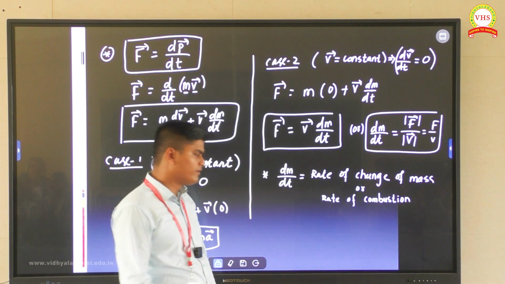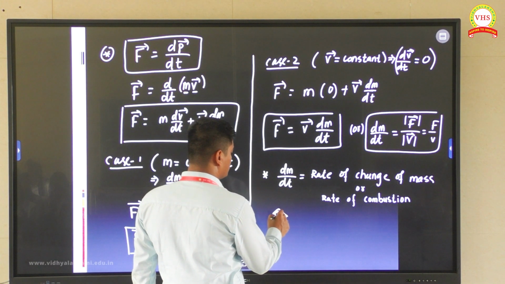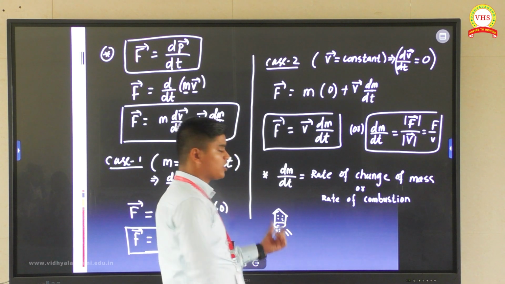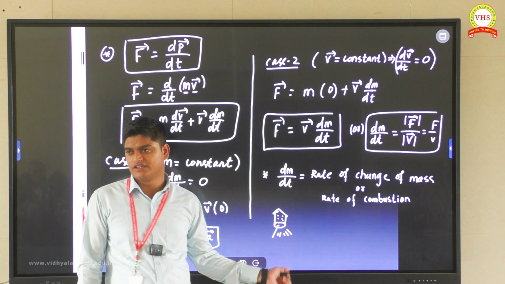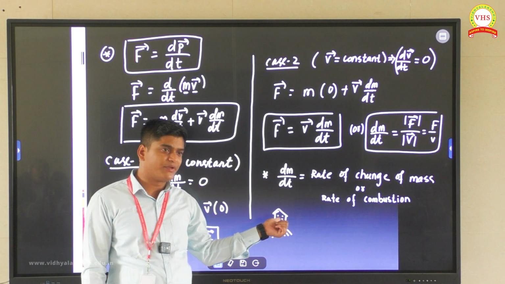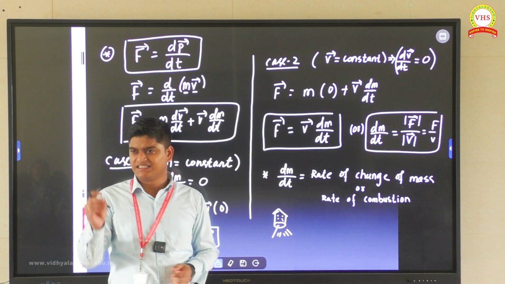Now remember, whenever a rocket is going in the upward direction, how is it going upward? Some fire is coming from below, right? Then it is going upward. Now when fire is coming below, what is actually happening here? You have some fuel inside the rocket that is actually burning.